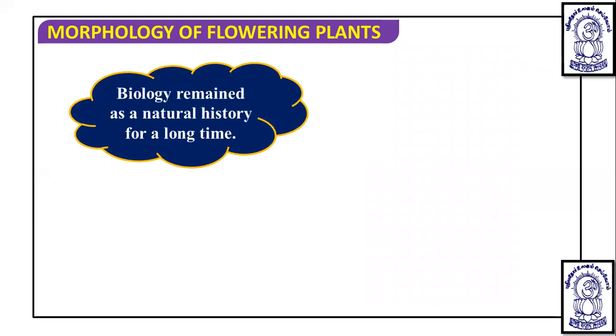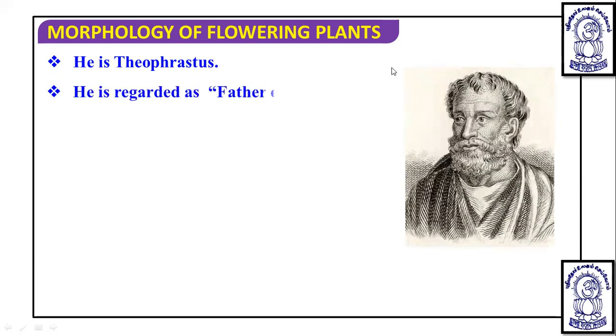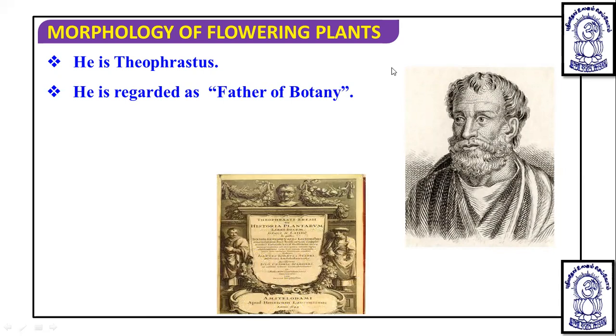Biology remained a natural history for a long time. For a long time, people did not know much about biology, and biological discovery was not much at that time. But one of the important scientists, Theophrastus, who is regarded as the father of botany, did a great deal of research in the field of botany.